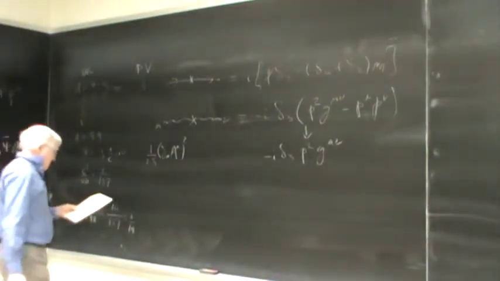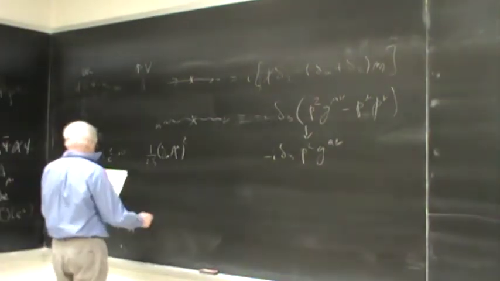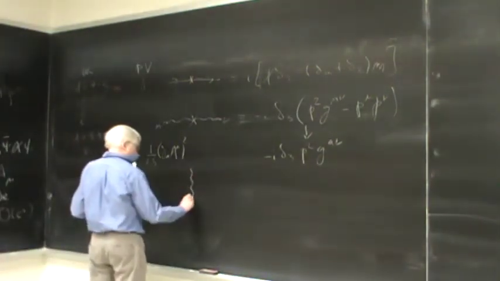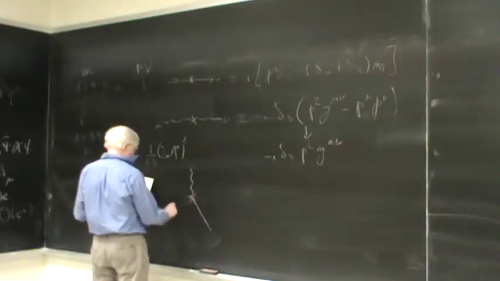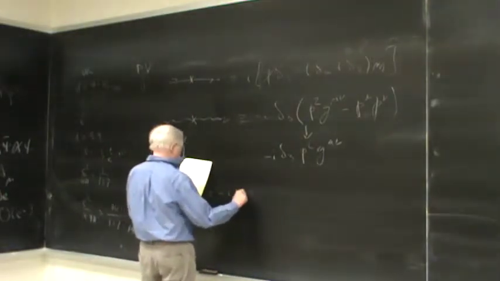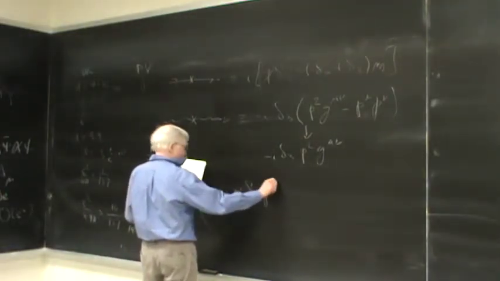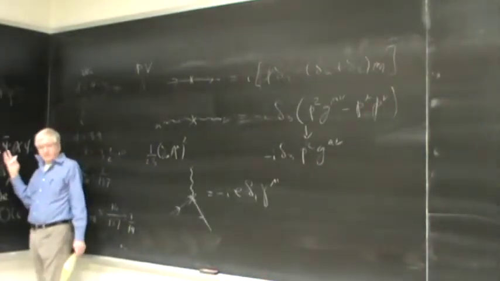Now there's another term that will occur, namely a vertex correction, and we'll write that this way: minus i e δ1 γμ, and that comes from this term.